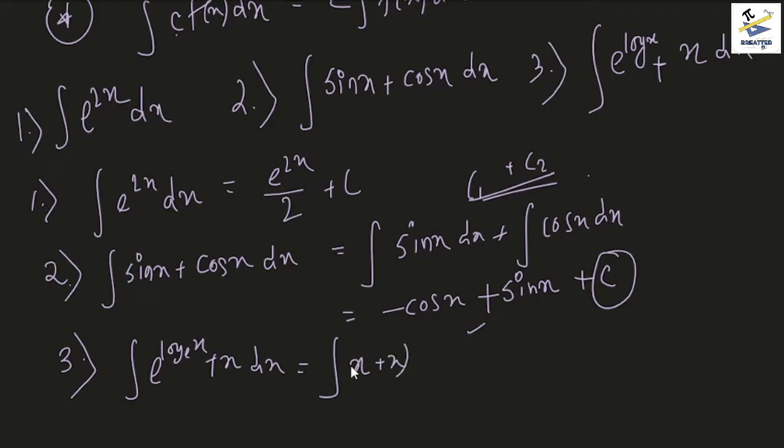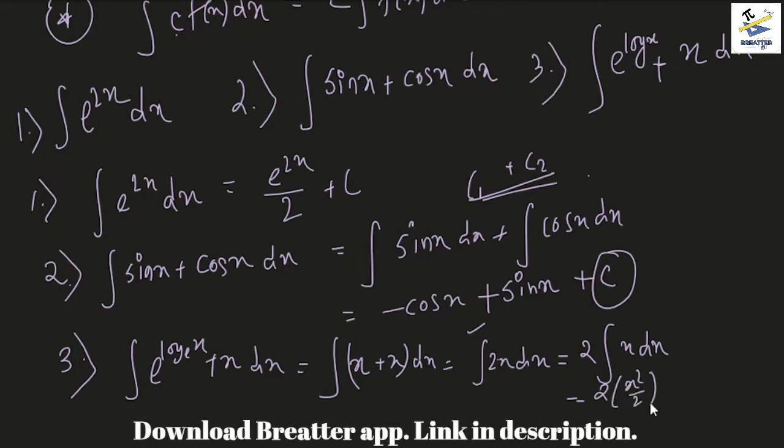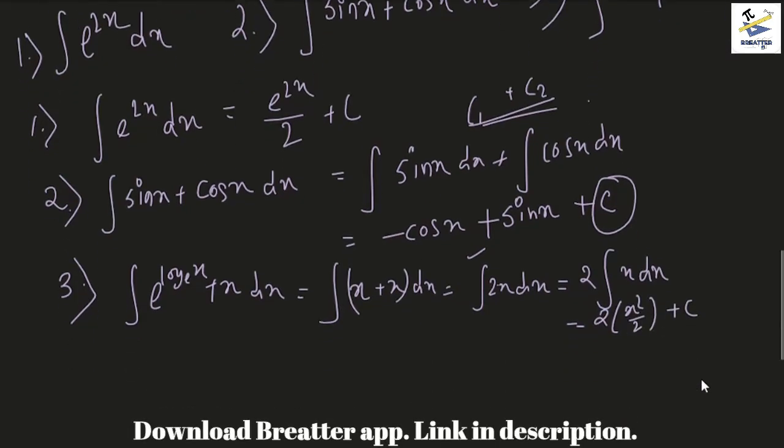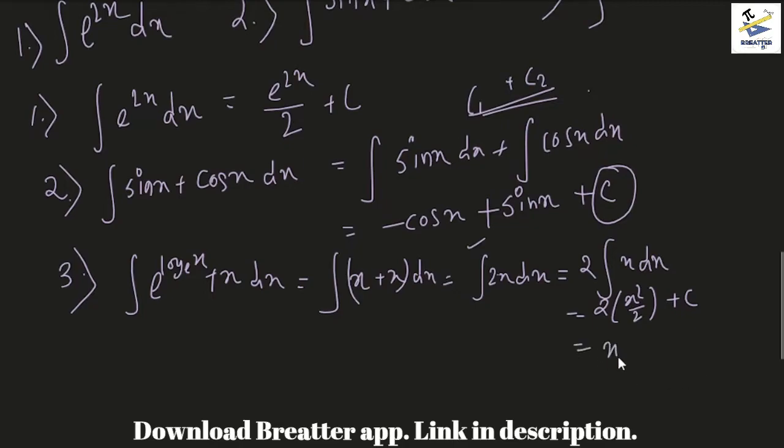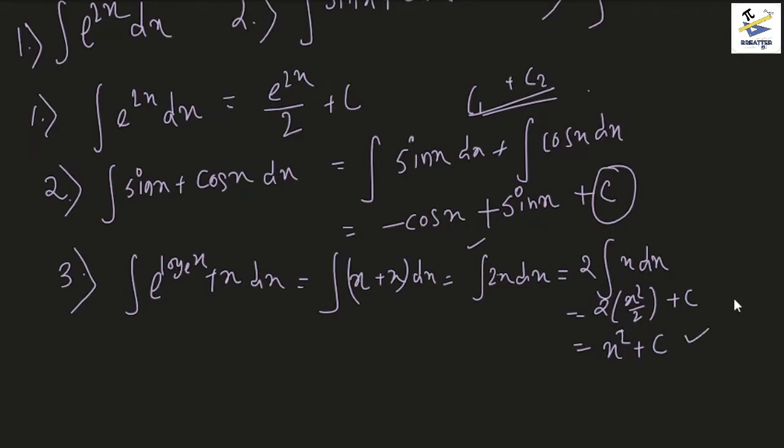So x plus x dx is basically 2x dx, and we can see that the constant 2 comes out and it's just the integral of x dx, which has the form x squared by 2, and there would be a plus c outside. This would mean you will have the integral as x squared plus c. This is your answer. So these are just the basic applications of the direct formulas.